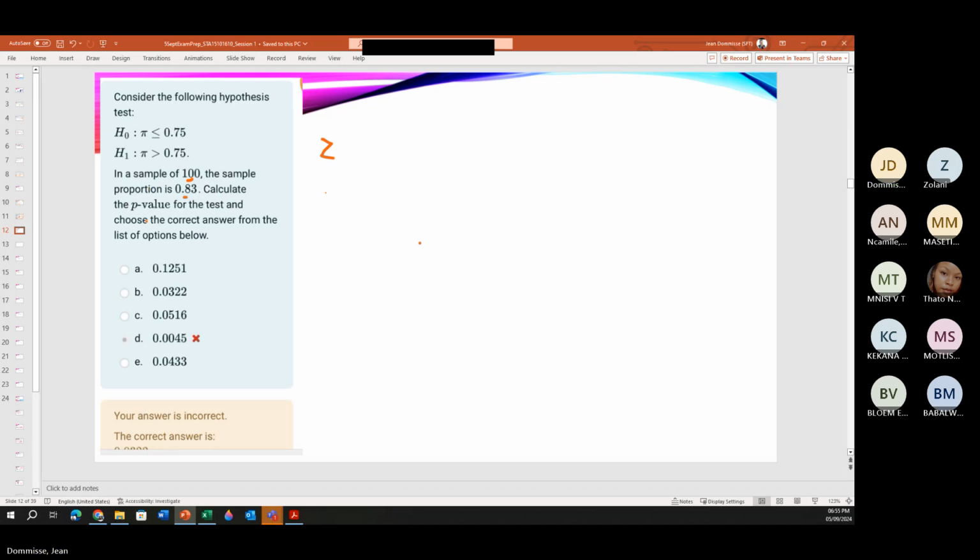So let's look at the proportion to work out the Z. So that would have been 0,83 minus 0,75.